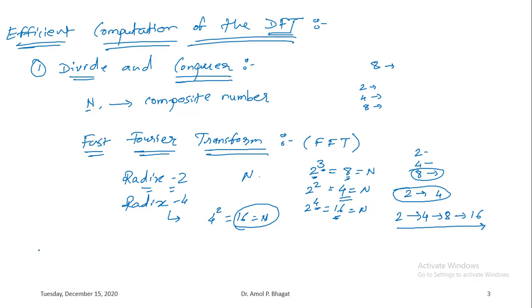The second method or approach is called formulation of the DFT as a linear filtering operation on the data.